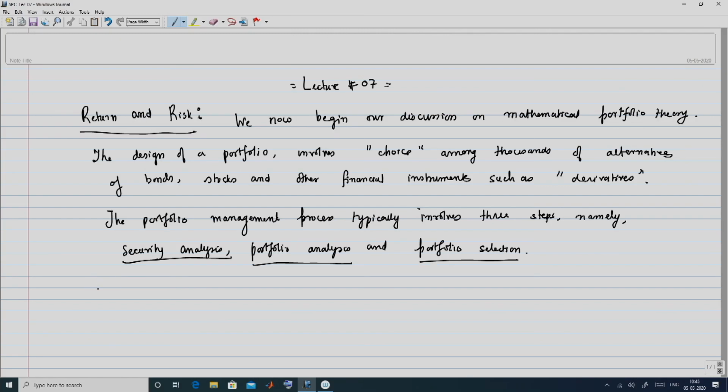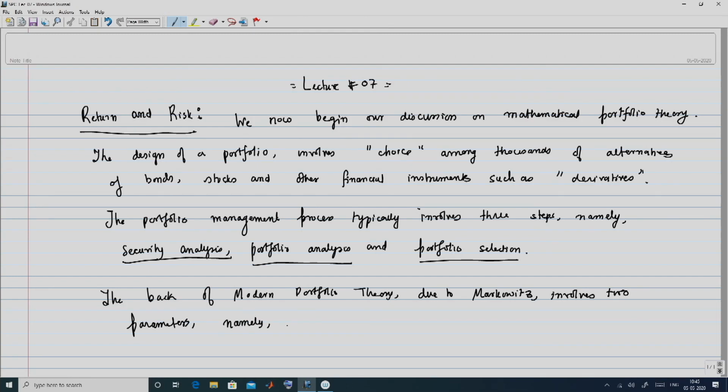Okay. Now next, as a prelude to this discussion, the backbone of modern portfolio theory, which is due to Markowitz, involves two parameters, and these two parameters are return and risk.